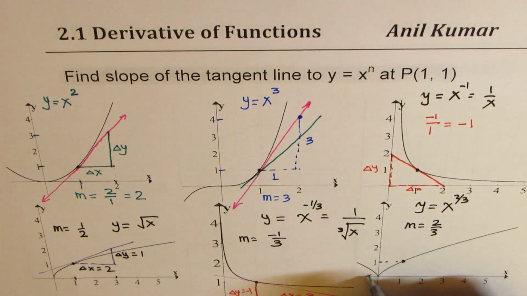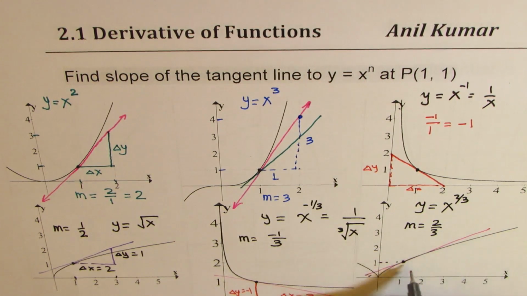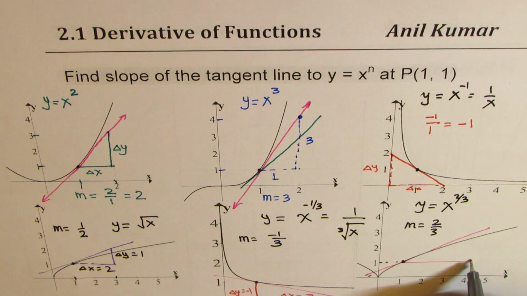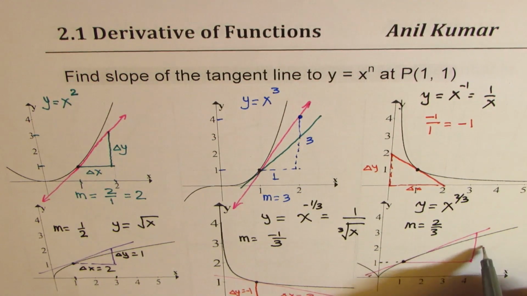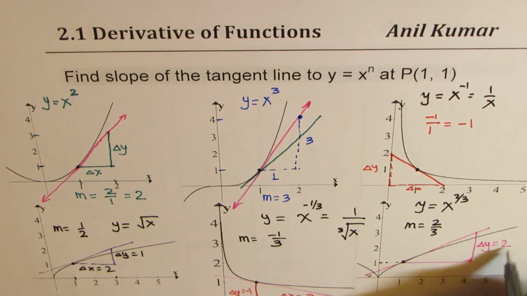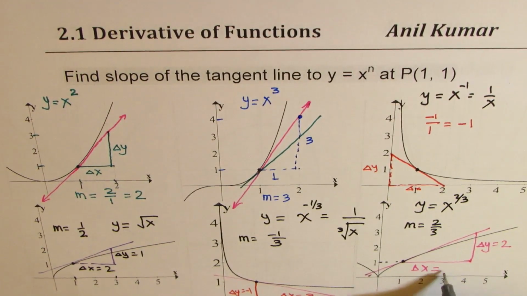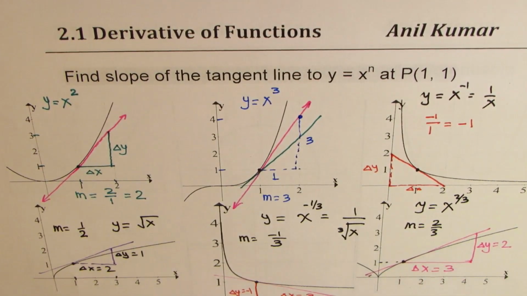If you do this tangent, you'll get a line which is kind of like this. If you form a triangle, then the run is 3 and the rise is 2. So delta y is 2 and delta x is 3. And that is how, from the tangent, you get the slope.